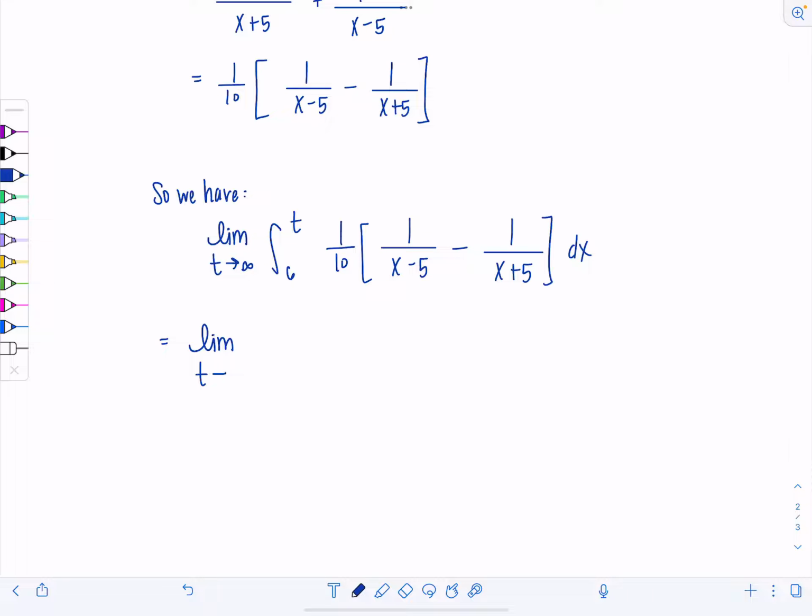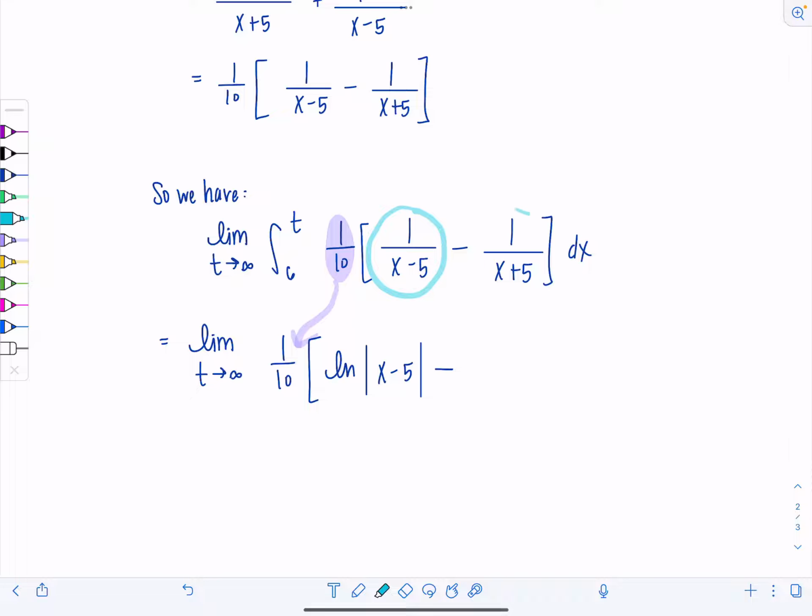We have the limit as t approaches infinity. This 1/10, I'm just going to bring it down. It's just a constant, so it comes along for the ride. And then antiderivative of 1 over x minus 5, that's going to be natural log absolute value x minus 5 minus, and then similarly, antiderivative of 1 over x plus 5 is going to be natural log absolute value x plus 5.